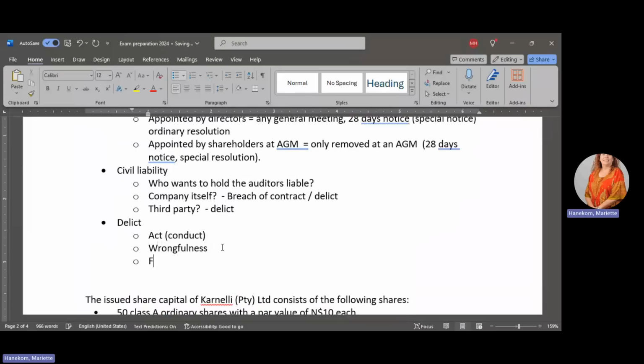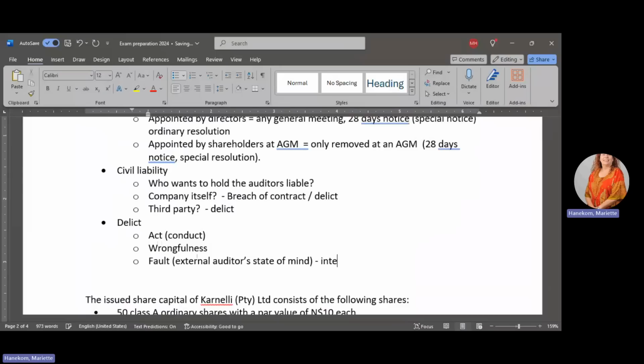Then there must be fault. Remember, wrongfulness is a legal term. It doesn't mean he was wrong or the answer was wrong. Fault, similarly, describes the external auditor's state of mind.